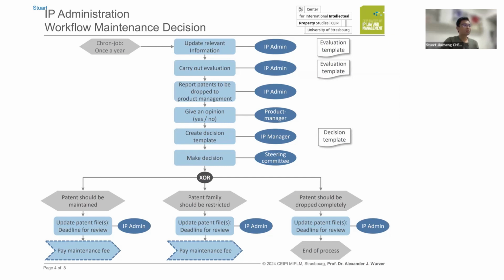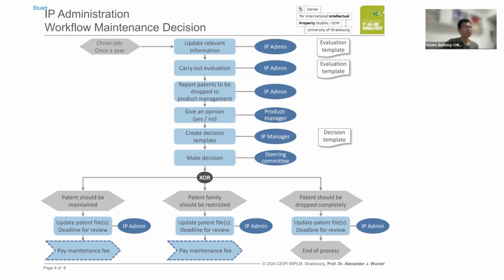Then we need to report the patents to be dropped to the product management, and we should also give an opinion whether yes or no on the product management. It's also quite necessary to create a decision template because we can use it and it facilitates our workflows. And at last, based on the efforts above, we can make wise decisions, steering on a committee.